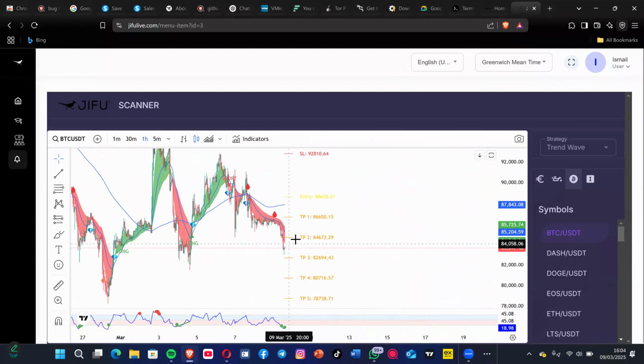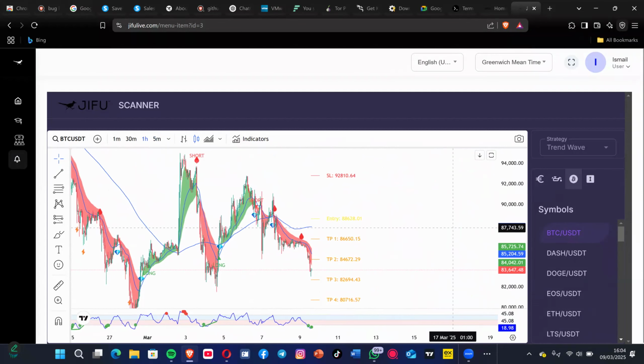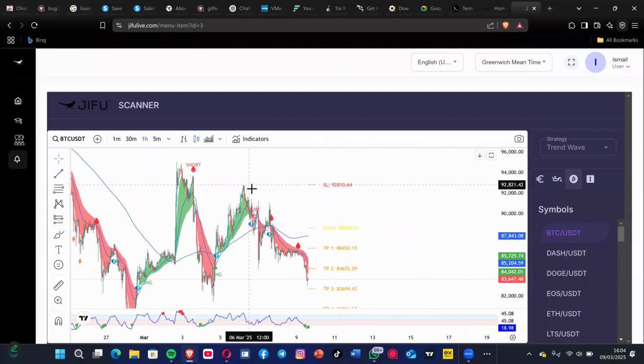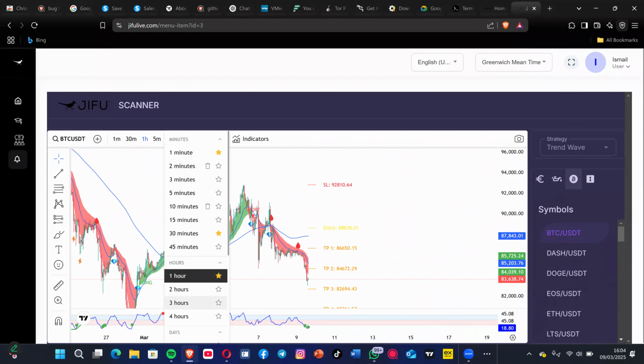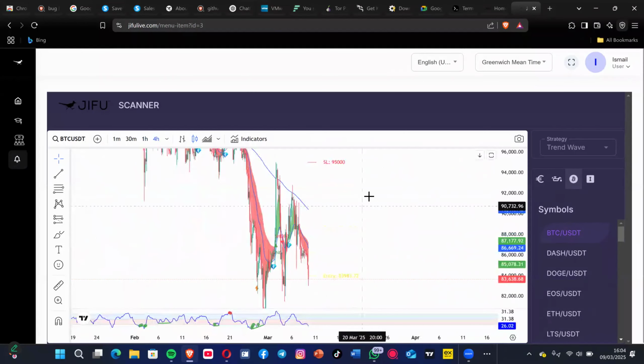You see, it has TP2 now. So you come to 1 hour. You want to be sure this market is on a downtrend. Sometimes I go to as much as 4 hours. I just want to be sure that the market is in a downtrend. That's the number one confirmation. Let me write it here. Number one, you ask yourself before you take this trade.